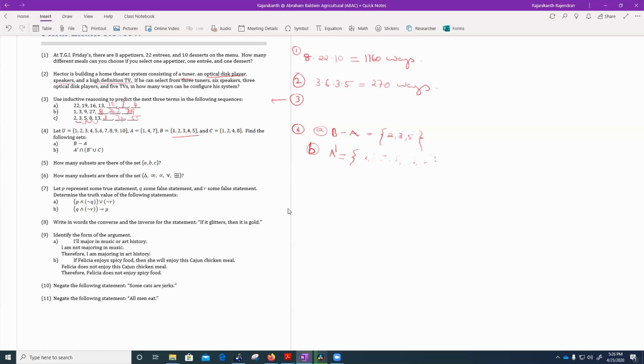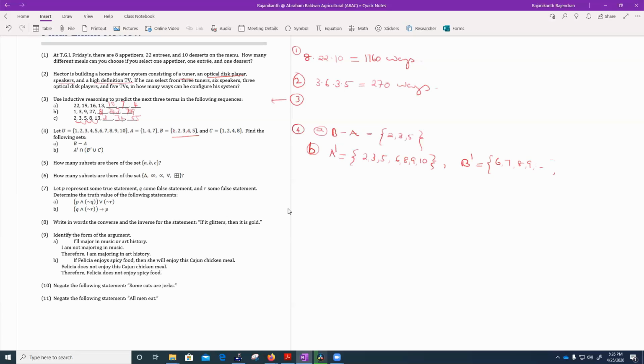Okay. So now let's figure out the next one, B prime. The elements from the universal set but not in B. So you have to exclude 1, 2, 3, 4, 5. Then the remaining are 6, 7, 8, 9, and 10, which are going to be in B prime. Okay.